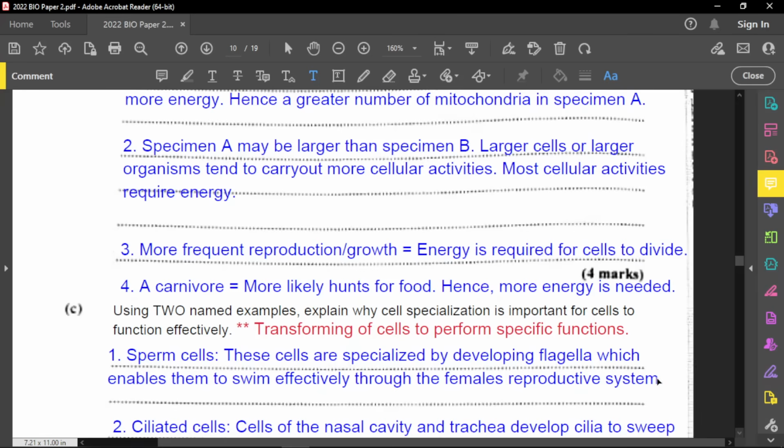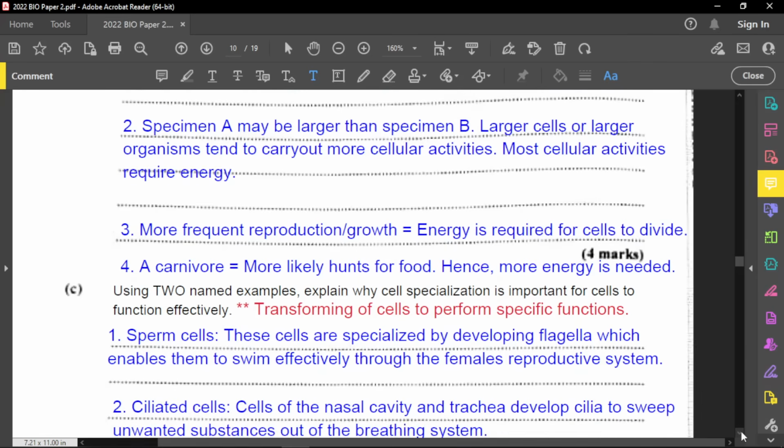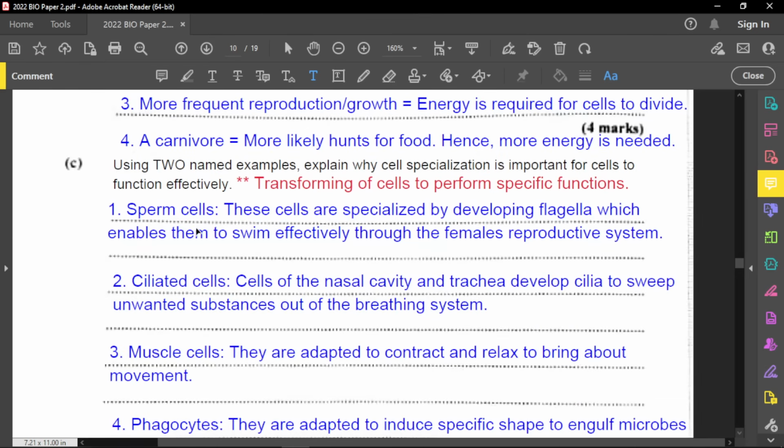The named examples here will be, one, sperm cells. Sperm cells are specialized by developing what they call flagella, which enables them to swim effectively through the female's reproductive system. You have ciliated cells, for example, and there are many cells you can talk about.